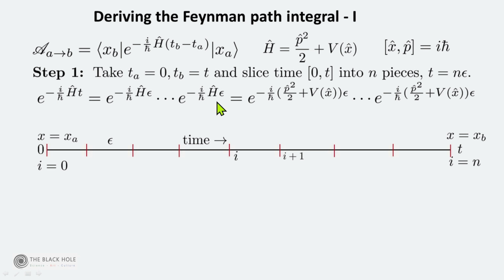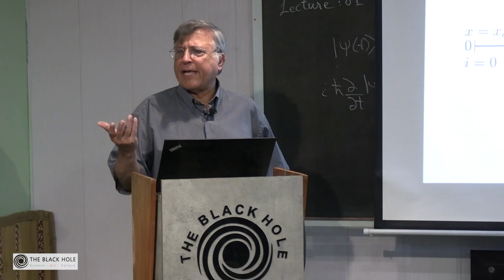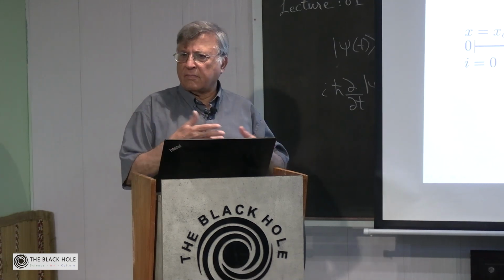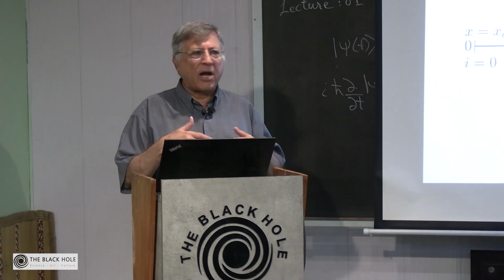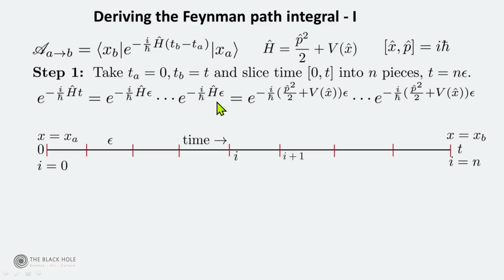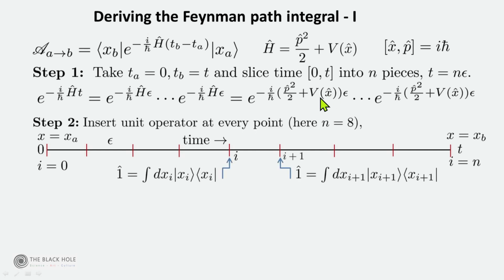That's okay because H commutes with itself, so I can just add them together. I can write them in separate exponentials, no problem on that. Okay, now each of the H's is kinetic energy plus potential energy. And let's go to the next step.